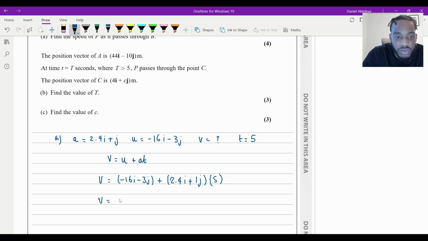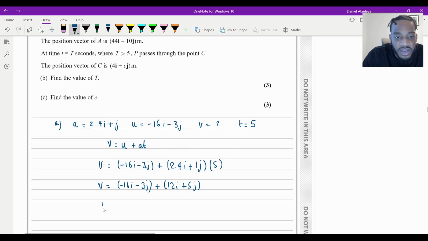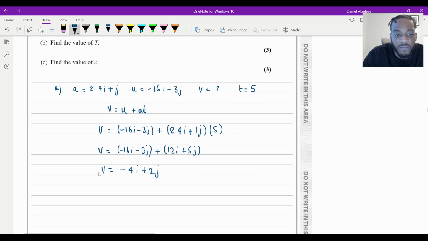We've got v is equal to minus 16i minus 3j, and then 2.4 times 5, which is 12, so 12i here, and then plus 5j. Now we can just add these together. So v is equal to minus 16 plus 12, which is minus 4i, and then minus 3 plus 5 is positive 2j.